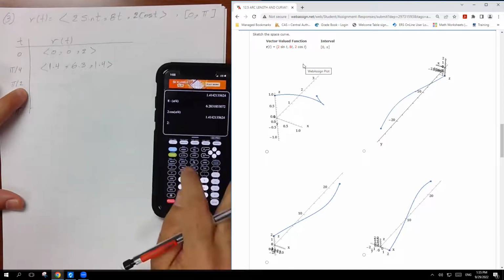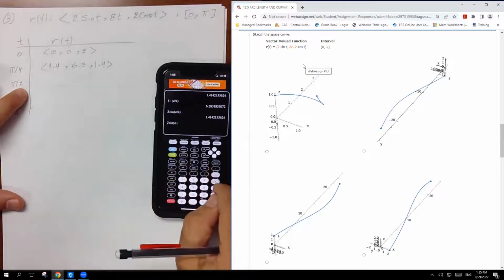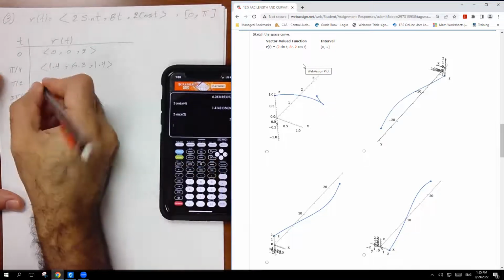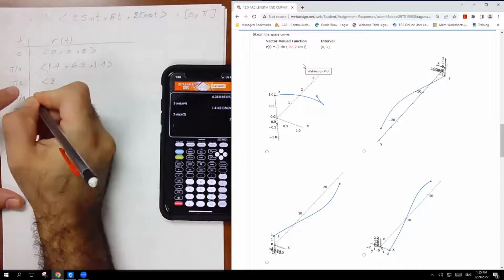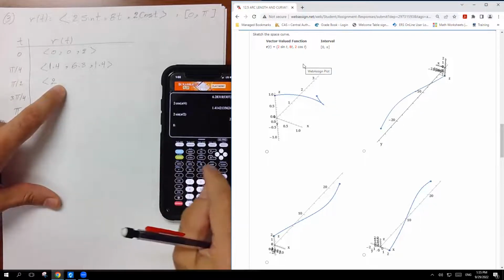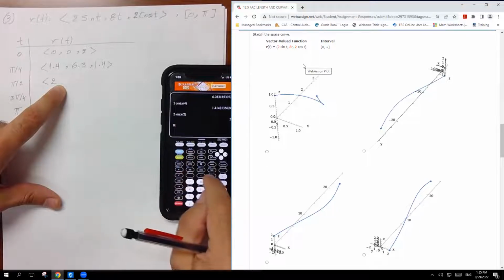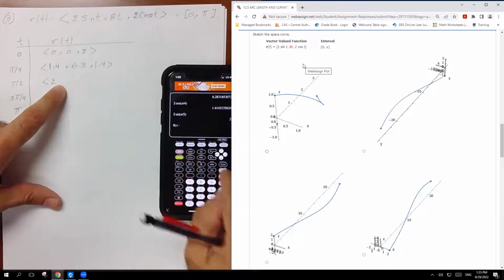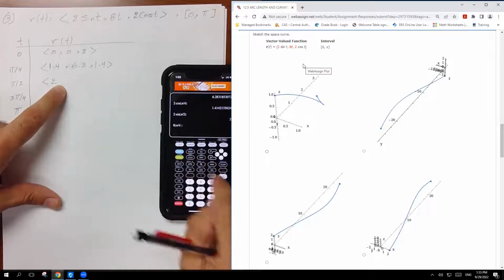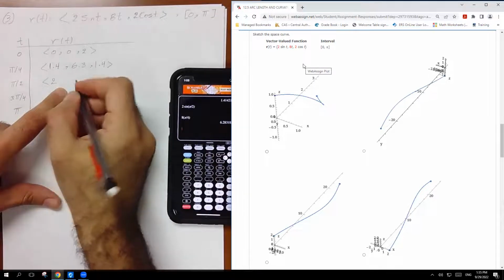Then I'm going to plug in pi over 2. 2 sine pi over 2. Pi divided by 2 is going to be 2. So here we have 2. Now 8t, that means 8 times pi divided by 4, 6.28.